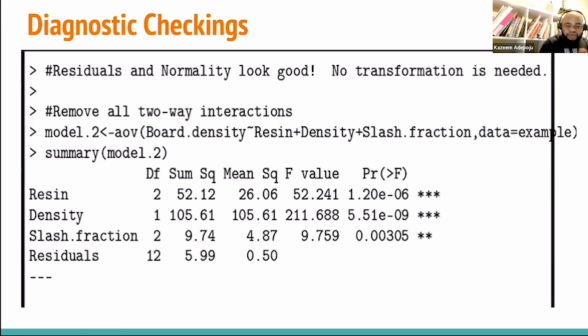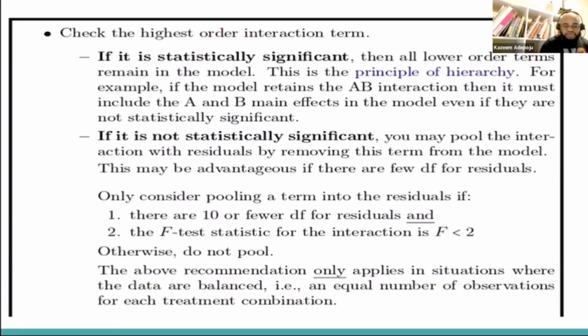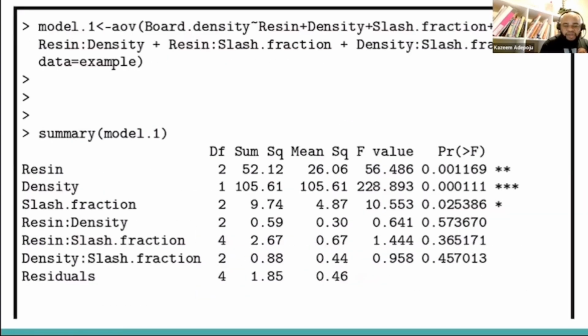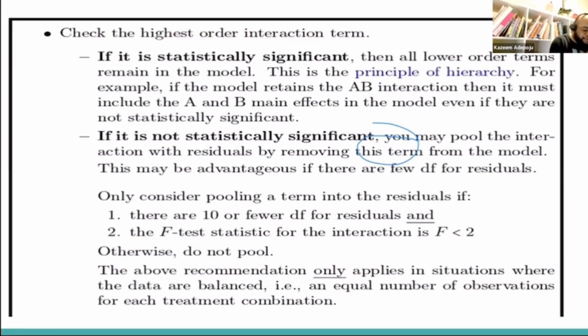The takeaway from the model strategy is that it tells us how we can remove insignificant effects in a model. And I think I also told you the other time, you don't just remove them, you also pay attention to the F value. You remember the other time, I'm going to take you back. I mentioned that here.